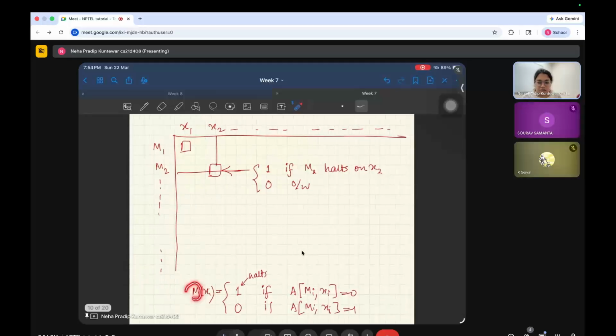But now we will construct a new machine M, which differs from the behavior of M1 in the sense that if M1 halts on X1, then this machine is going to do the opposite. It differs from M2 in the sense that if M2 halted on X2, it's going to do the opposite. Similarly, it behaves differently from all the machines that were there.